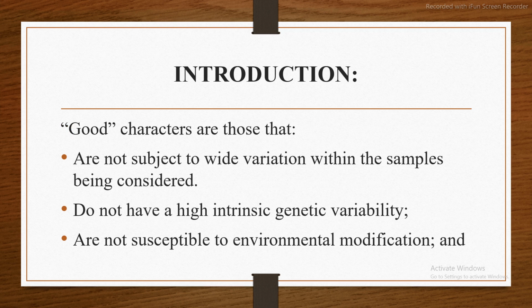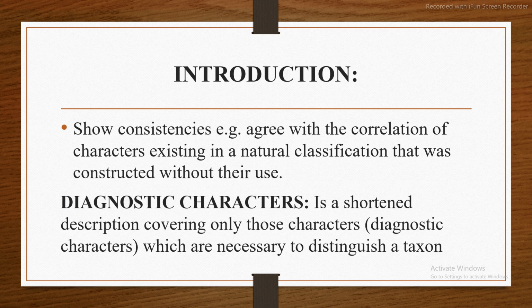Good characters are those that are not subject to wide variation within the sample being considered, do not have a high intrinsic genetic variability, are not susceptible to environmental modifications, and show consistency, for example, agree with the correlation of characters existing in a natural classification that was constructed without their use.